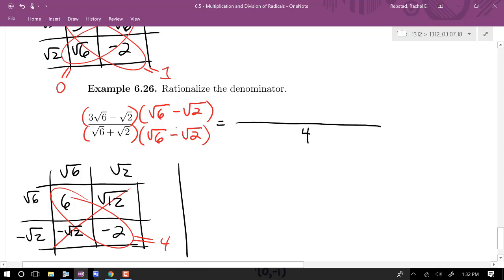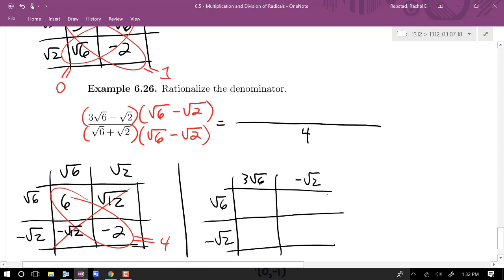On top, let's see. 3 root 6 minus root 2, and then root 6 minus root 2. Root 6 times 3 root 6, what should that give us? 18. Yeah, 3 times 6. Root 6 times a negative root 2 is a negative root 12 again. 3 root 6 times a negative root 2 is just a minus 3 root 12.